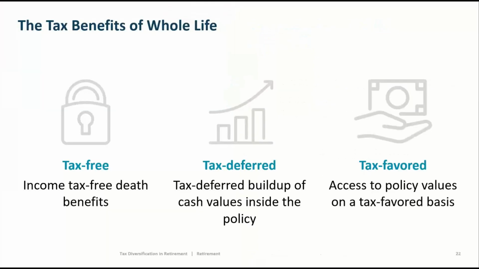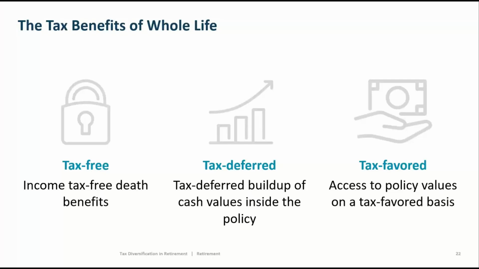So again, you might be familiar with some of the benefits, which is the income tax-free death benefit. The death benefit comes in tax-free to the family or whoever is named as a beneficiary. You have tax-deferred buildup of the cash value inside the policy.